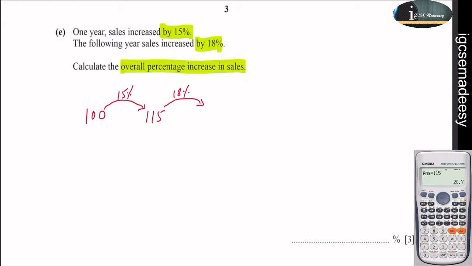So we will add 20.7 plus 115, and we got 135.7. So what is the overall increase? The overall increase is 135.7 minus 100. We got 35.7 as the overall percentage increase.